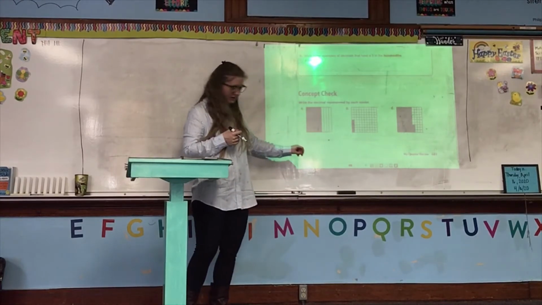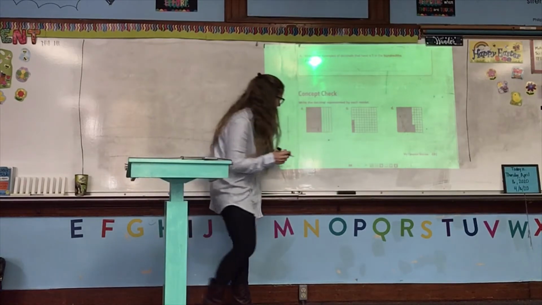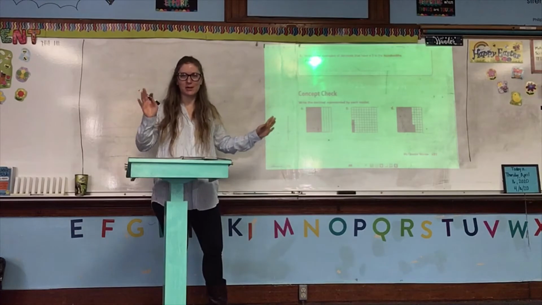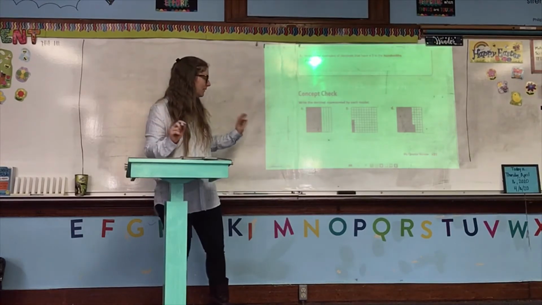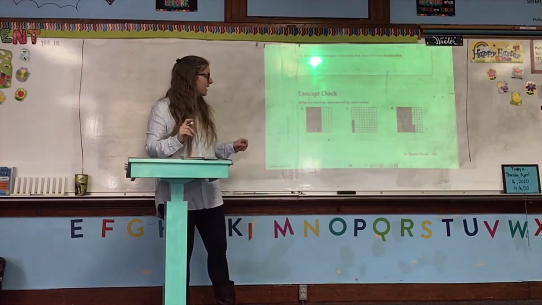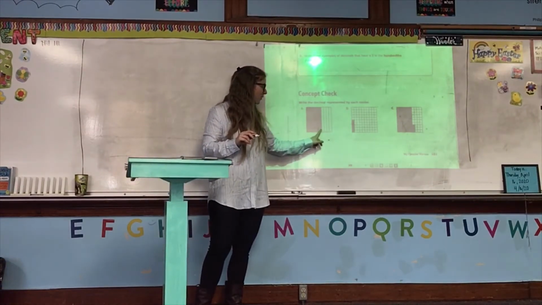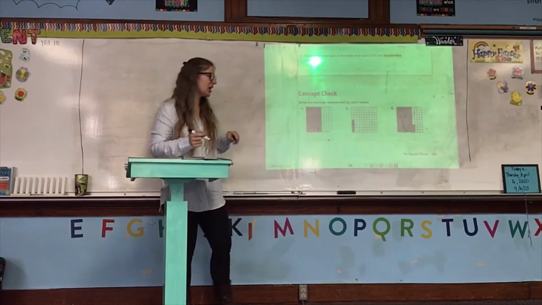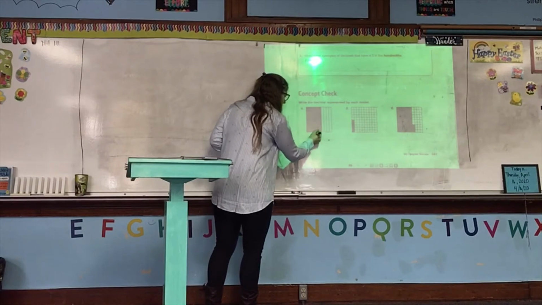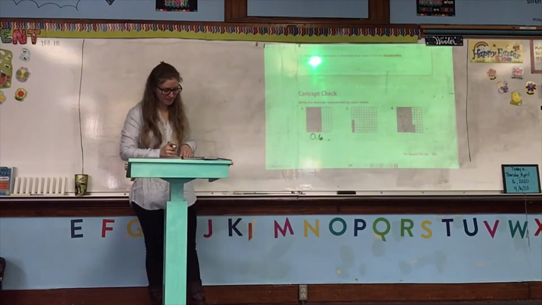I can't really tell where the lines are in this, but we know it's a tenths grid. You can count really quick. Okay, so we can see that 6 out of 10 are shaded. So that means this model shows the decimal 6/10.